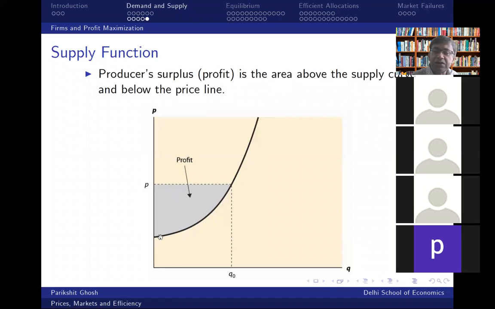The height of the marginal cost curve. As you go to second and third and fourth units, again, the vertical distance between the price line and the marginal cost curve tells you how much the firm is adding to its profits by producing that unit of the good. And so eventually the firm stops its production here where price and marginal costs are equal. And if you add up all these vertical distances, you end up with this area, the gray area.